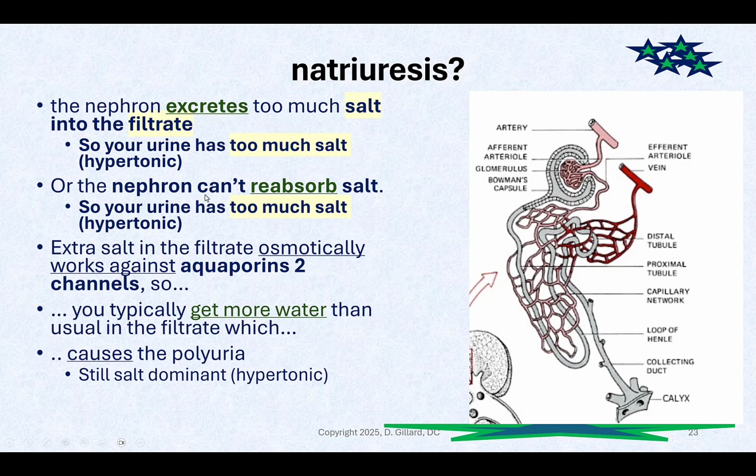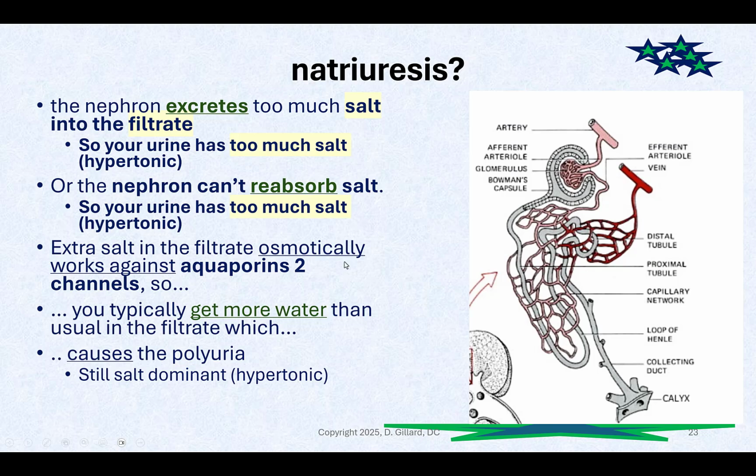Another way you can do that is if the nephron can't reabsorb the salt, because we know the principal cells are always reabsorbing some salt through ENaC channels. See how that works? Okay, and if you have a salty filtrate here, or river water, or pre-urine, whatever you want to call it, those extra sodium molecules act as osmolytes. And so you have kind of a sucking force.